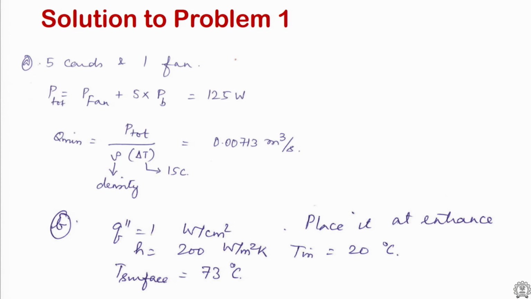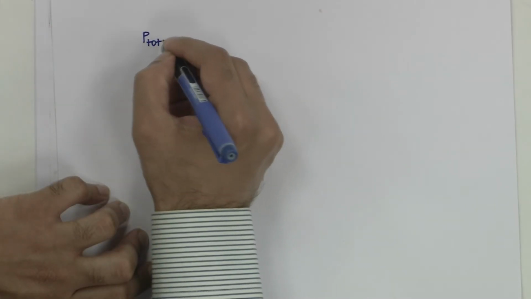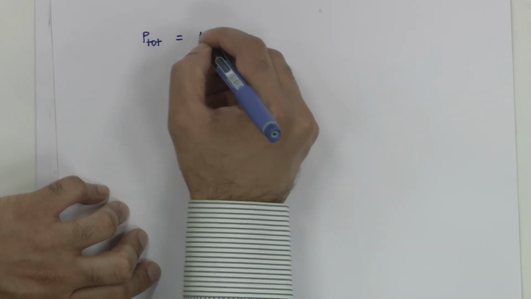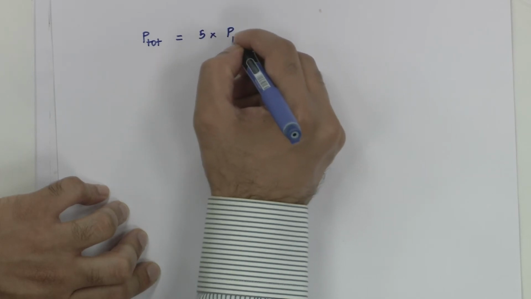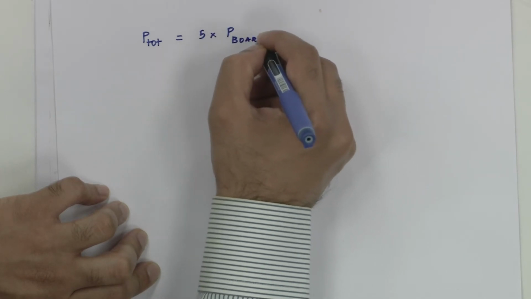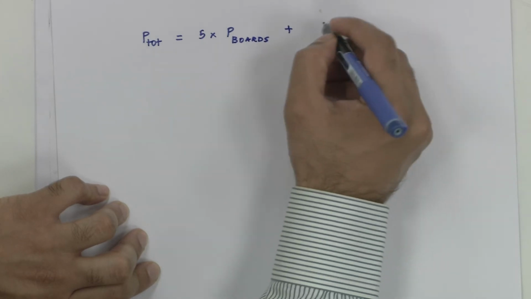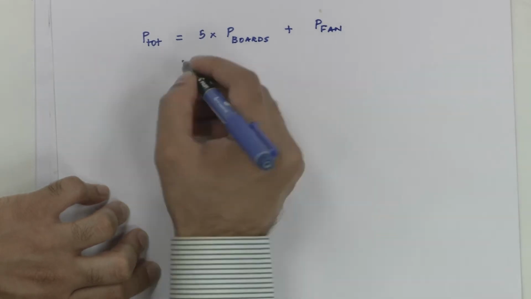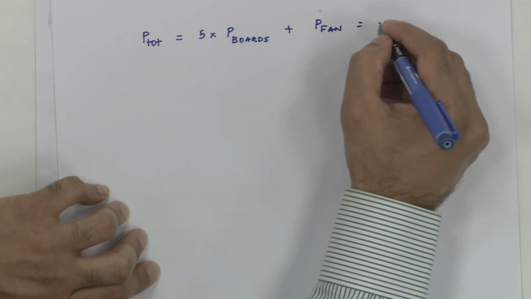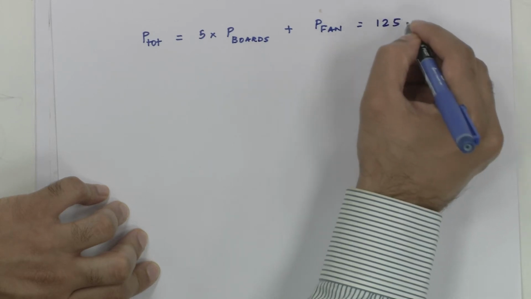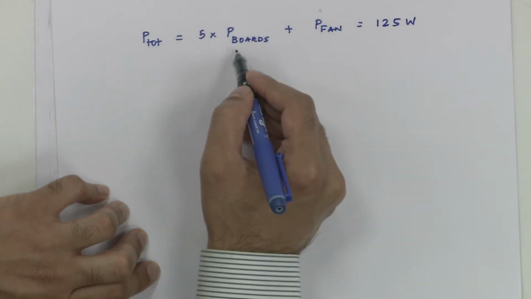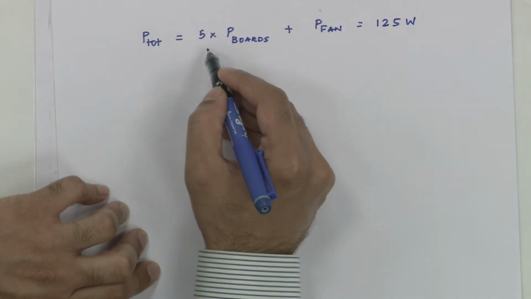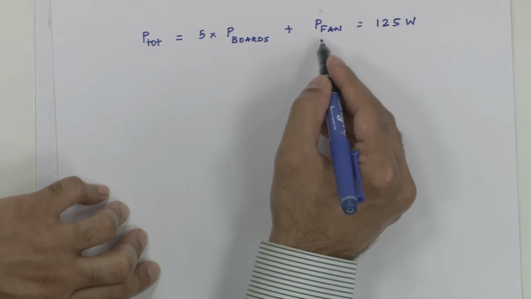To calculate the total power dissipated, P total is 5 times the power of the boards plus the fan power, and this is nothing but 125 watts, because each board dissipates 20 watts and times 5 gives us 100 watts, and the fan dissipates about 25 watts.